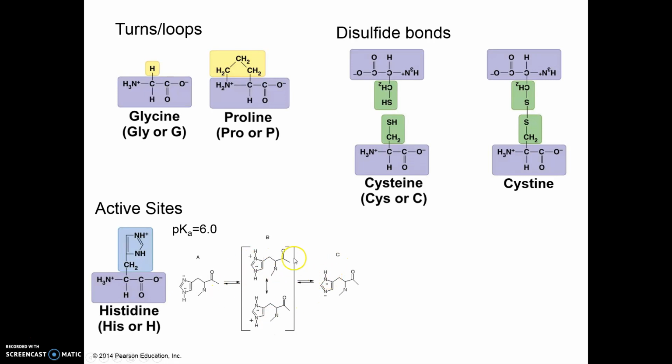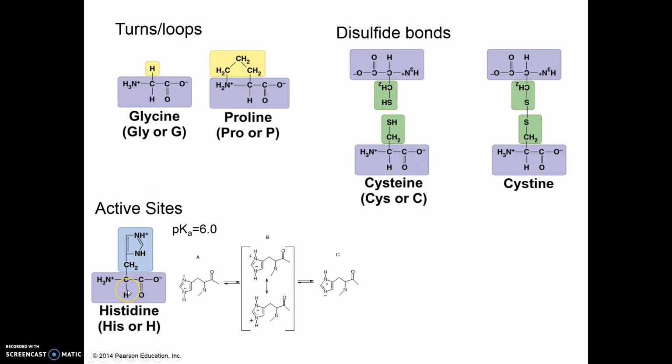Okay? This can actually be part of the mechanism of how an enzyme works. So when we think about the active site of an enzyme, that site where you see actual chemical reactions being manipulated, you could see histidine in this site.